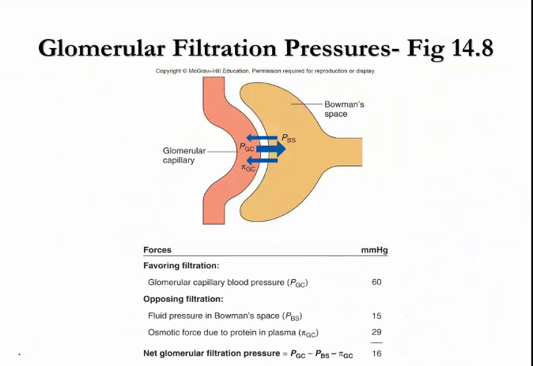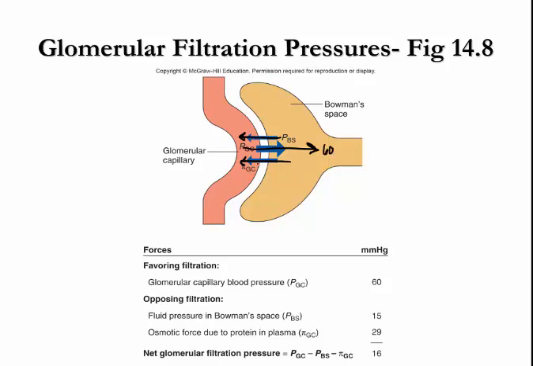All right, so figure 14.8 shows you the factors that we just discussed. Hydrostatic pressure is pushing fluids out of the bloodstream. And then we also have osmotic pressure, pi, pulling substances back in, as well as capsular space pressure, pulling substances back in.